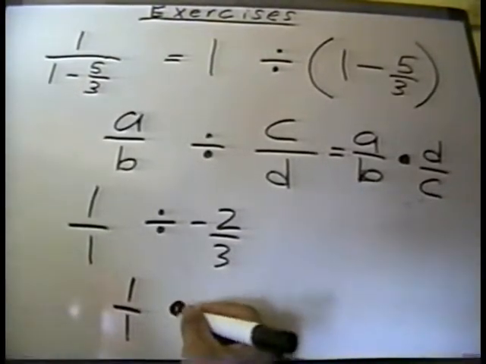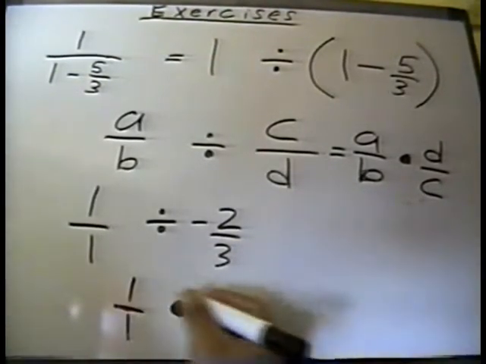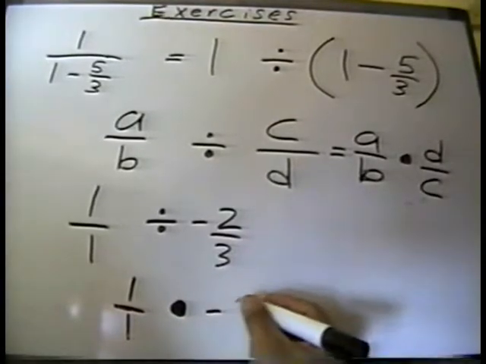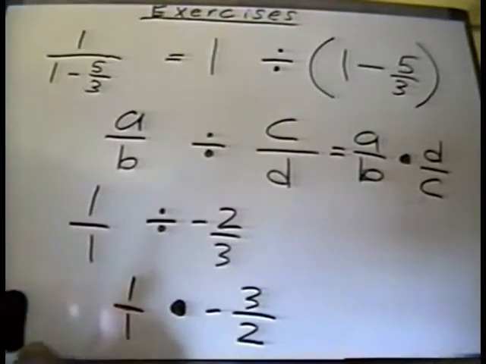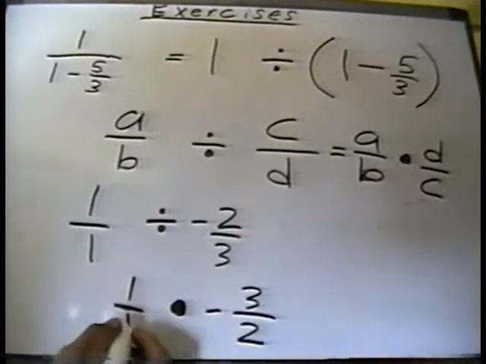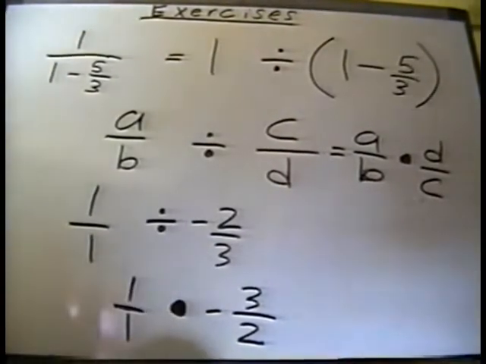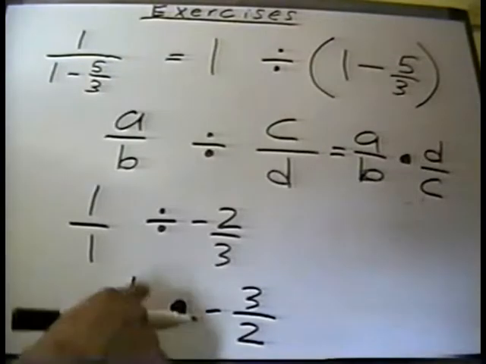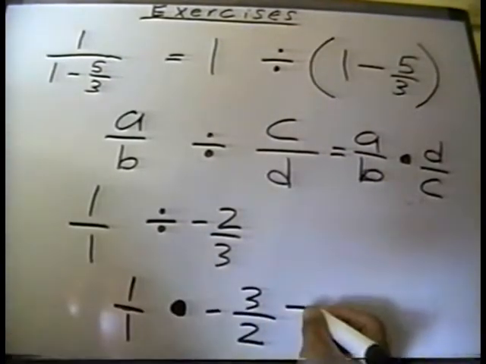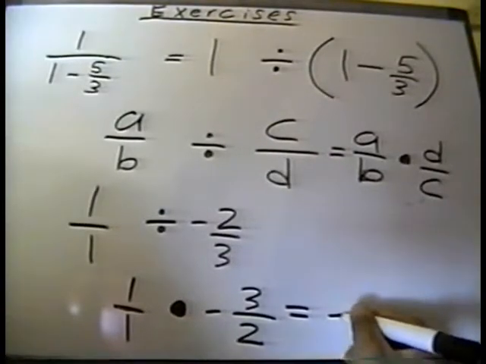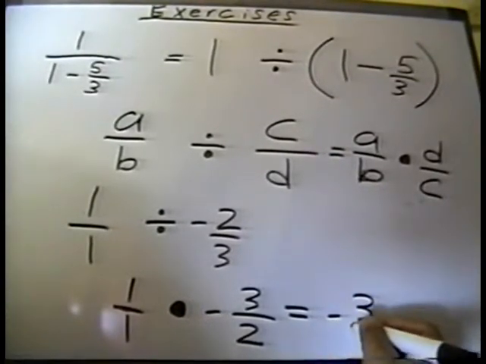So now we're going to multiply that by the reciprocal, which will be times negative 3/2. So 1 over 1 is 1, so your answer is negative 3/2.